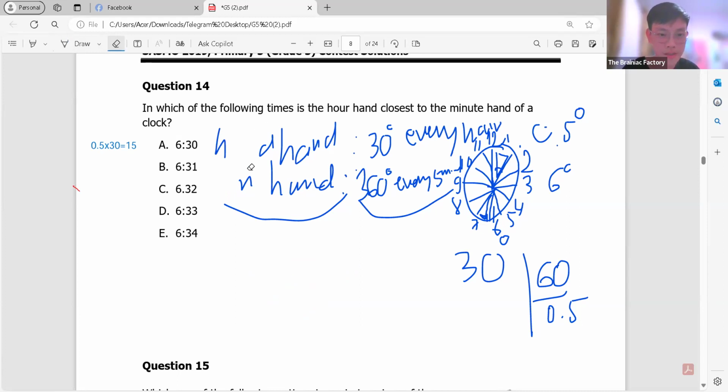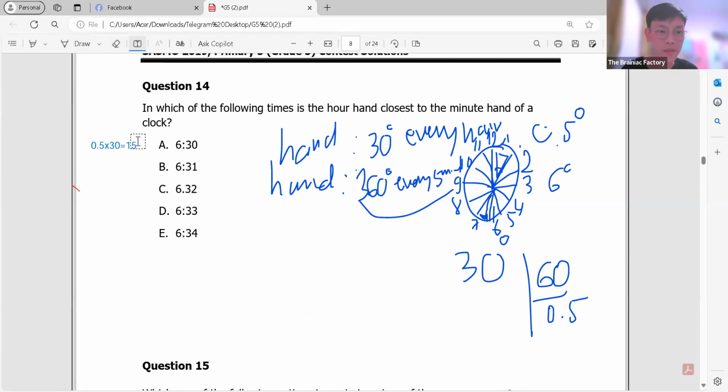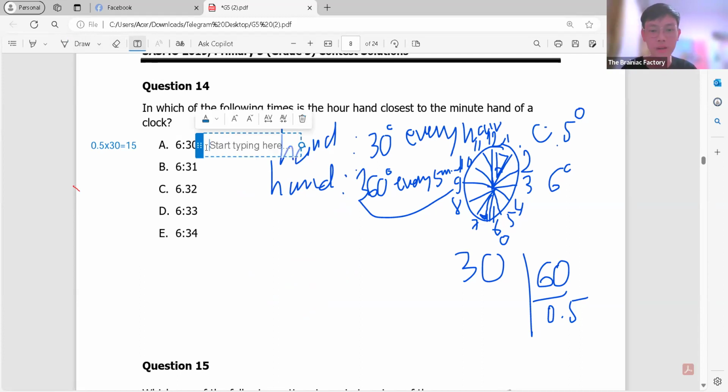Okay, let me remove this so I can write something on it. Let us assume this side is about the hour hand and this side is the minute hand. So what are we having for the minute hand? It is gonna be 6 times 30, giving us 180.